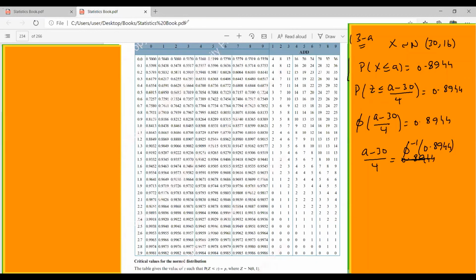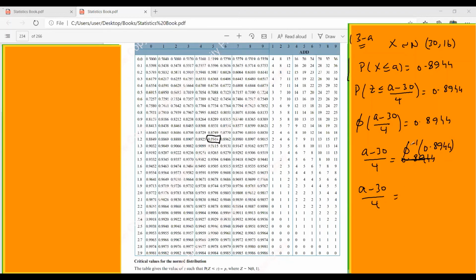I think we just used it, we found it in the previous question. It is here, 0.8944. That is 1.25. Okay, so this A minus 30 over 4.